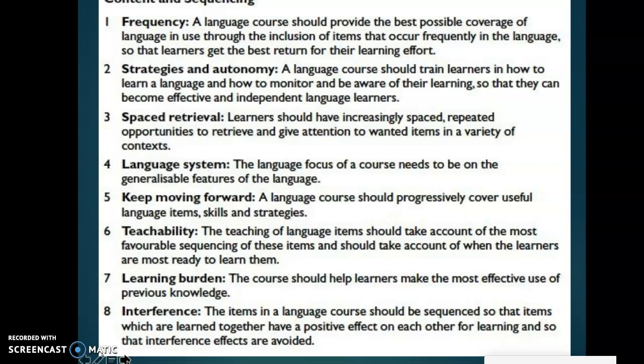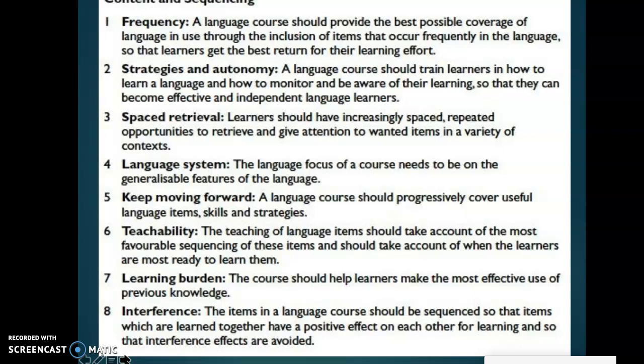The third, spaced retrieval. Learners should have increasingly repeated opportunities to retrieve and give attention to wanted items in a variety of contexts. The fourth, language system. The language focus of a course needs to be on the generalizable features of the language.